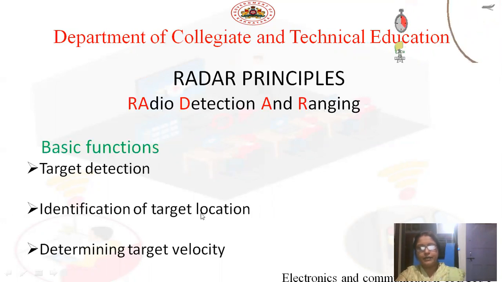That is the identification of the target location. Next, to identify the target's status, whether it is a moving target or a stationary target, and if it is moving, then to determine the target velocity. That is also done by the radar. These are the major functions which are carried out by the radar.